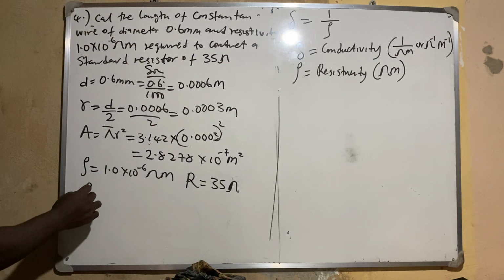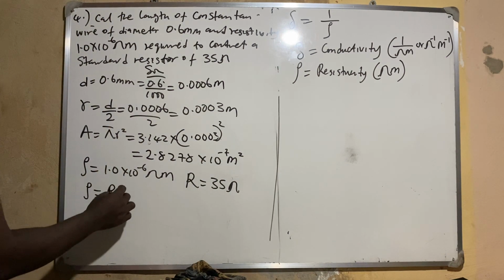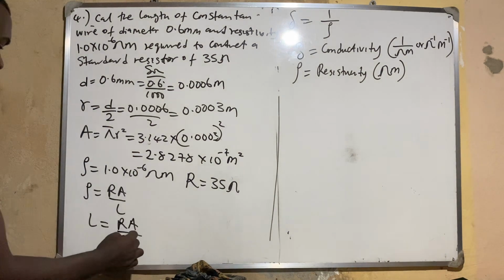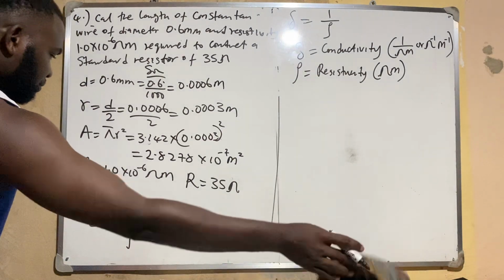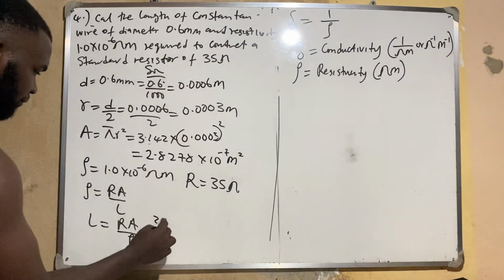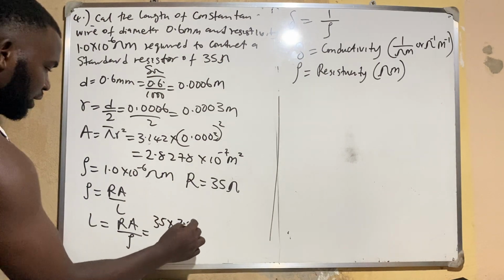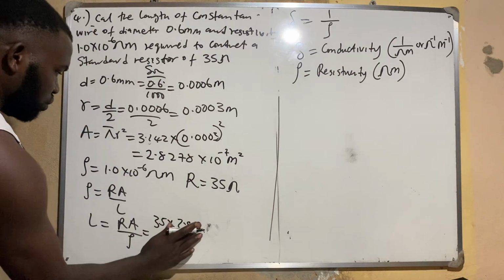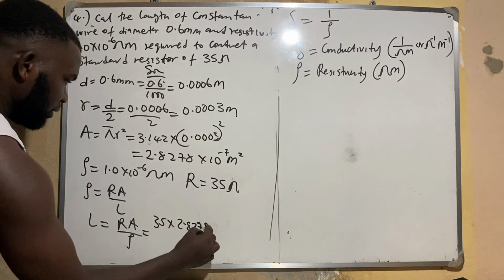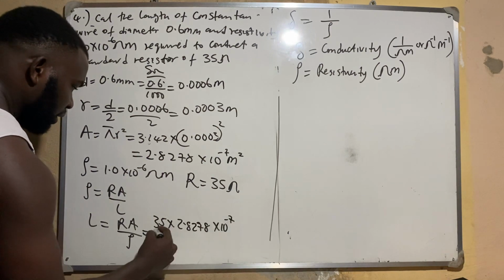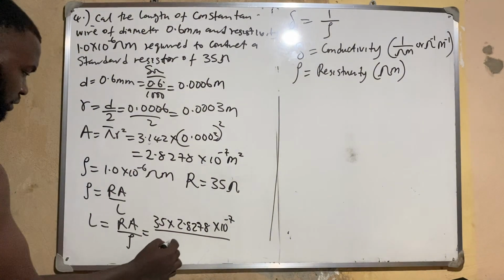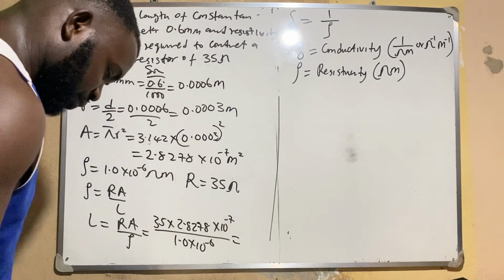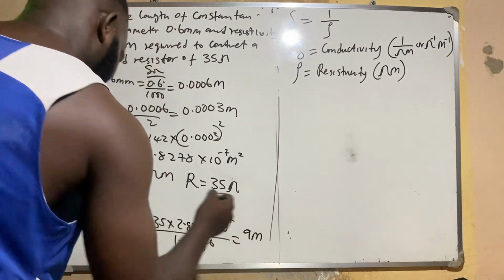I know that my resistivity is Ra over L, so I'm looking for L. My L will now be Ra over my resistivity, which is 35 times my A, 2.8278 times 10 raised to the power minus 7, divided by my resistivity, 1.0 times 10 raised to the power minus 6. If you do everything, you are going to have 9 meters. All right.